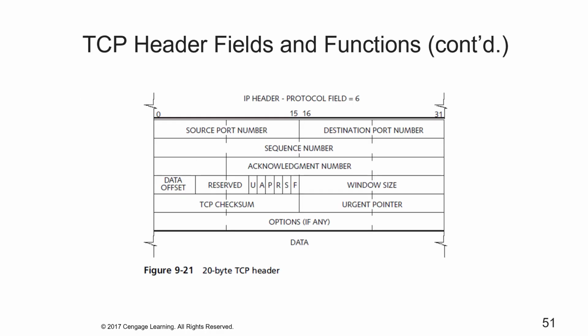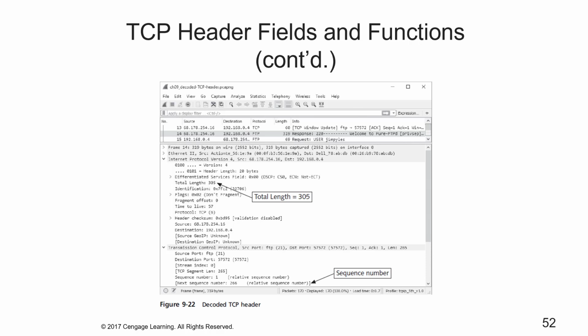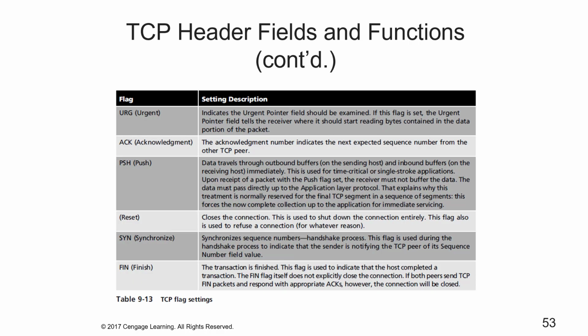So here's an example of the 20-byte TCP header. And here's an example of a packet capture, a decoded TCP header. And here are various TCP flag settings. We talked about most of these.